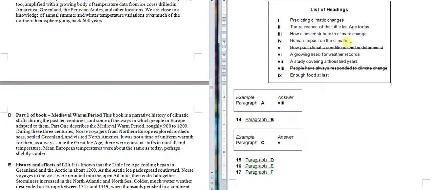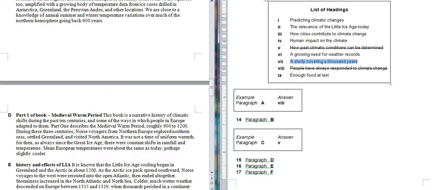Nope, I don't see that. Study covering 1,000 years? Oh, here we go. Yeah. Narrative history of climatic shifts during the past 10 centuries. 10 centuries. 1,000 years. Okay. Good work. So, we know that 7 is covered. Good.